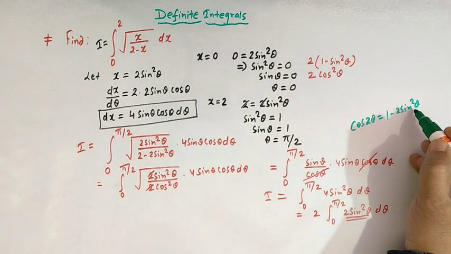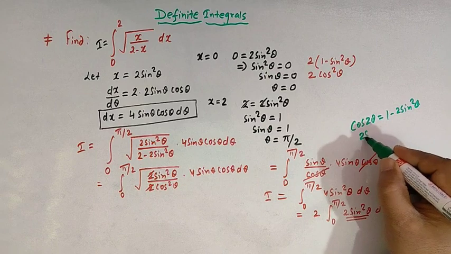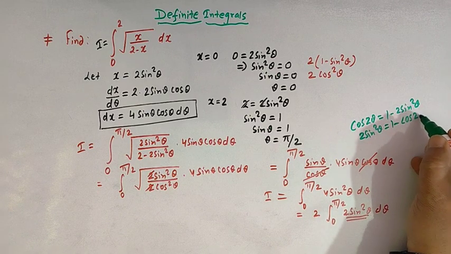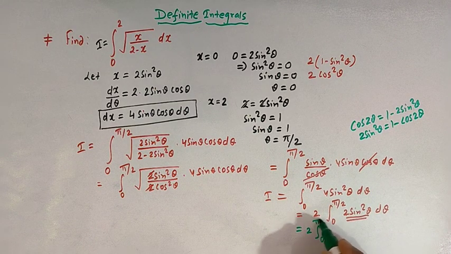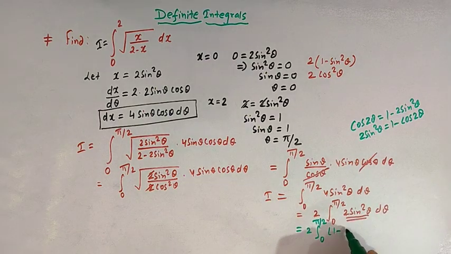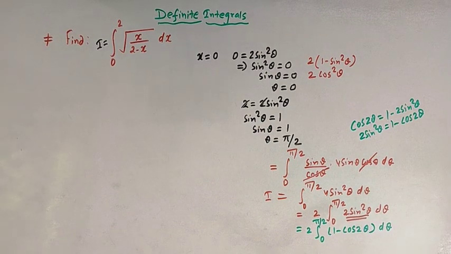If we take 2 sine square theta to the left hand side, we get 2 sine square theta is 1 minus cos of 2 theta. So now we can write 2 times the integral from 0 to pi by 2 of 1 minus cos of 2 theta d theta. Now we have a simple integral.